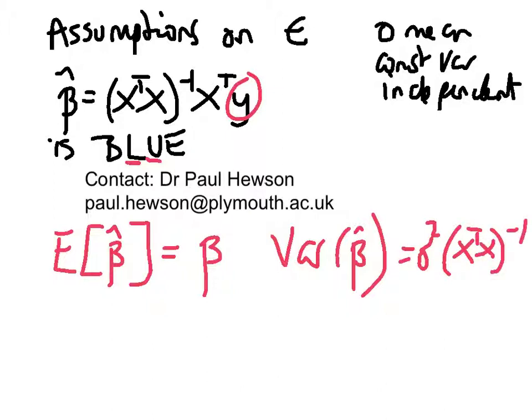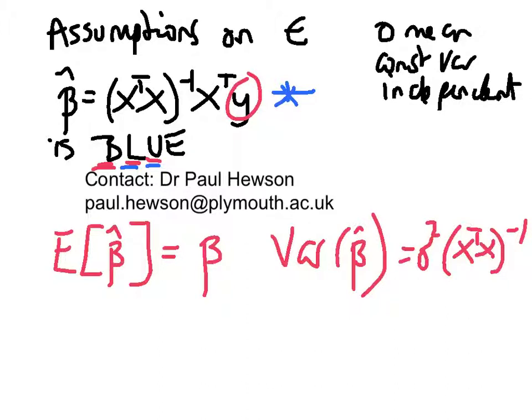What we haven't done is explain what we mean by best. And best means we could choose different estimators. We could find different estimators. Of those estimators, some would be linear and unbiased.